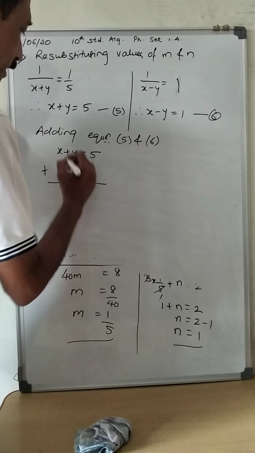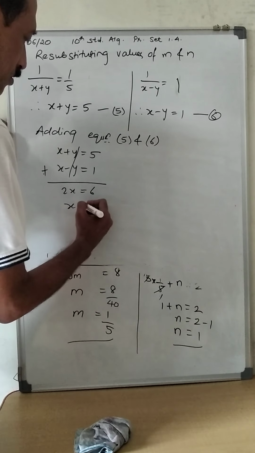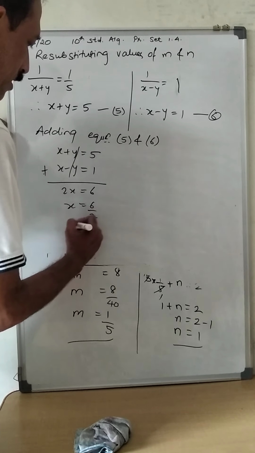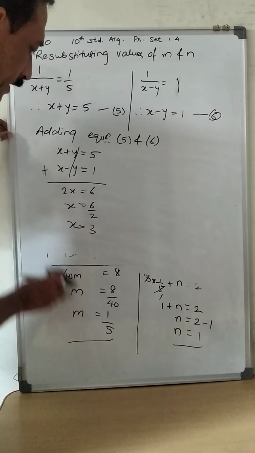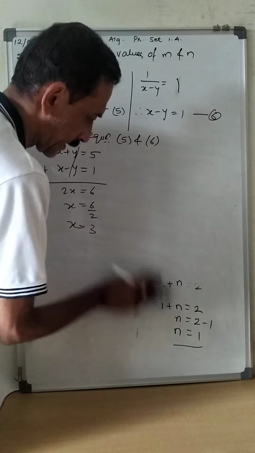Add them, we get 2x is equal to 6, x is equal to 6 upon 2, x is equal to 3.